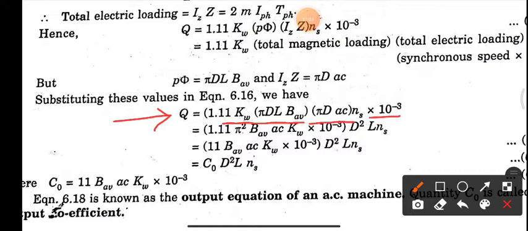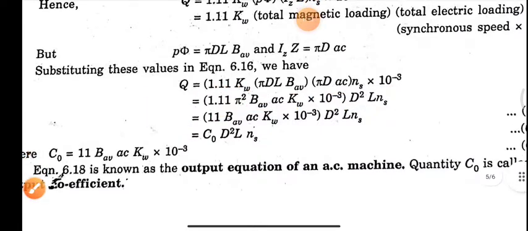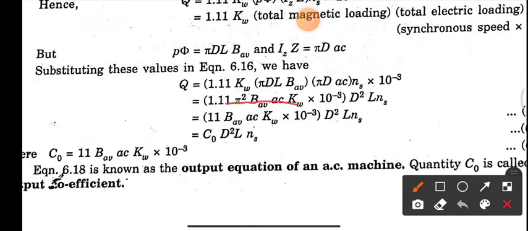Now when we multiply both the things, we get 1.11 pi square BAV Ac kW into 10 raised to the power minus 3 d square l Ns. When we multiply 1.11 into pi square, we get approximately 11. So they have directly used 11 d square l Ns, and they have replaced this entire term with a coefficient C0.